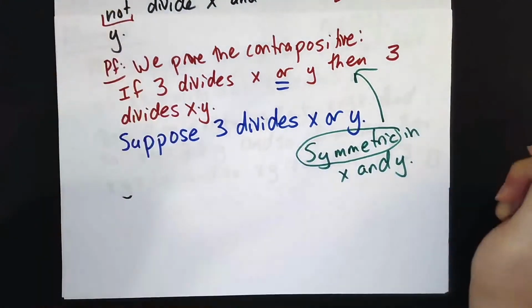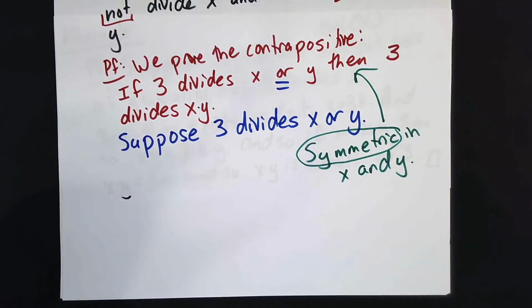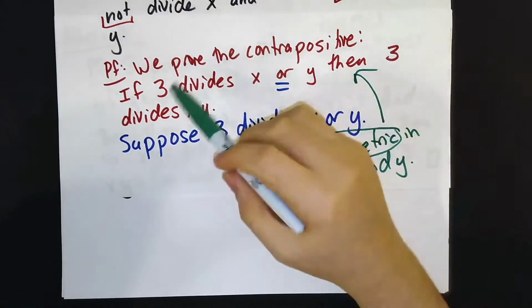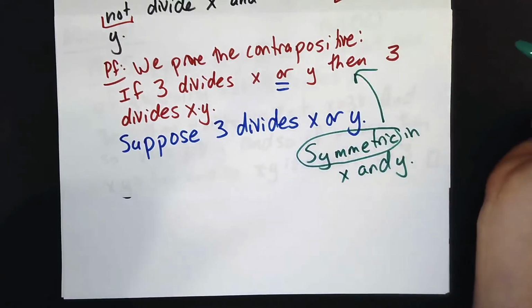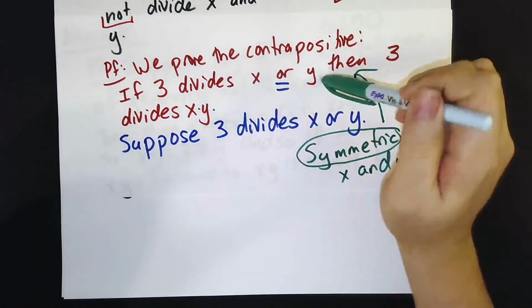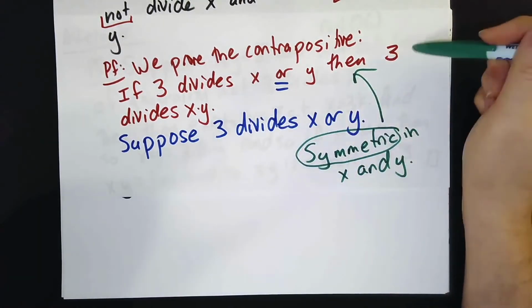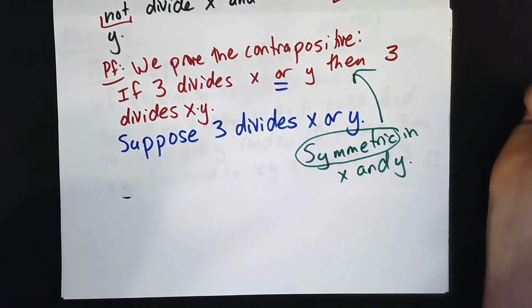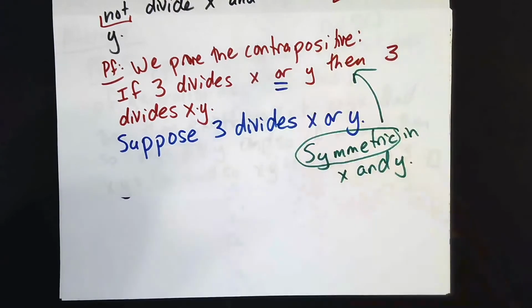I mean that if you exchange x and y, it doesn't change anything. I'm saying the same thing about x and y in the hypothesis, namely that 3 divides x or 3 divides y. Those hypotheses are exactly the same. And then the conclusion is about x times y. But as we famously know, x times y is the same as y times x. So even if I exchange x and y, I get the same answer.